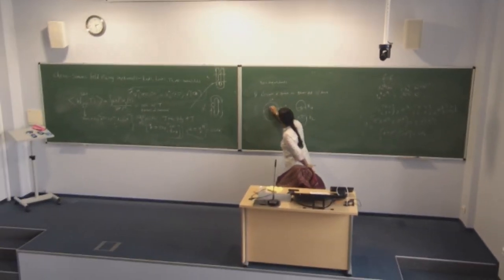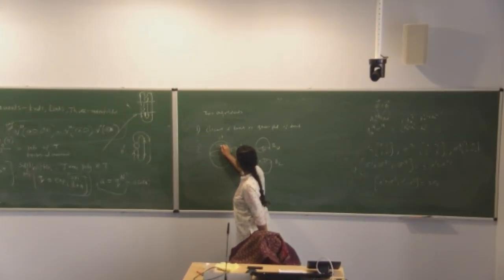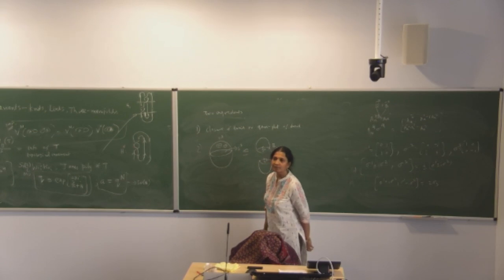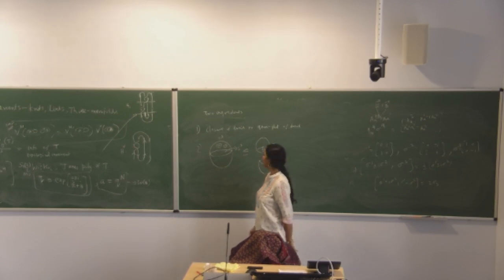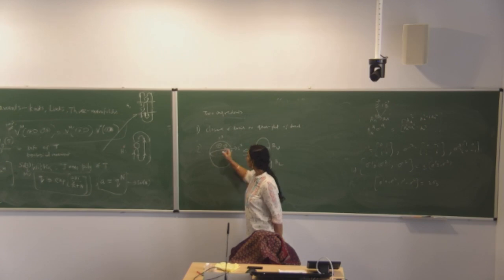Now you can start putting knots here. We can put disconnected pieces of knots here. Okay, and you can splice anywhere. It is not that you have to splice this way. I could have put a splicing in such a way that the K2 is here.